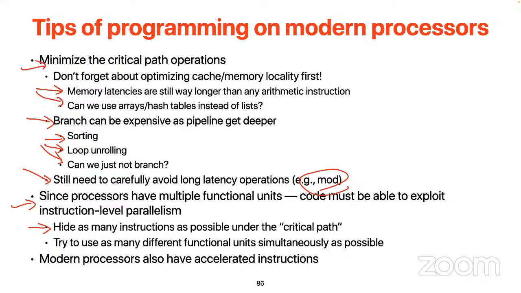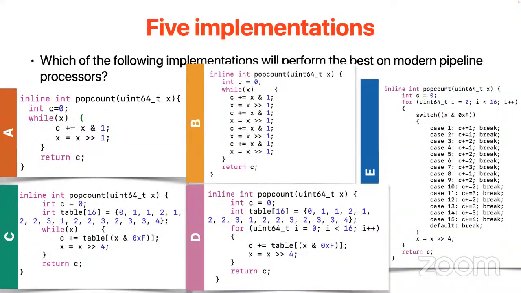And try to use as many different functional units as possible. I think in the lab, lab 5, there are lots of examples like that. And also, modern processors have many accelerated instructions. Can we use them? So for this particular pop count program, we have explained that in great detail.